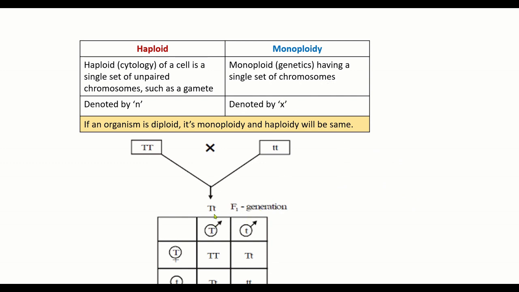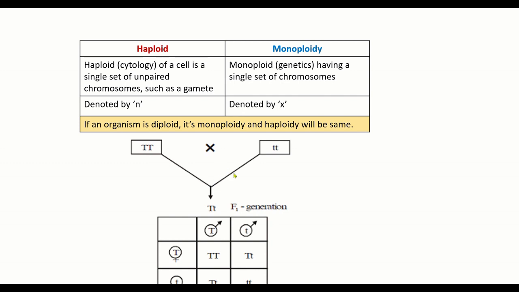Say for example, in tetraploid individuals, the tetraploid individuals will have 2n in each gamete, which will not be called monoploids, it will be called haploids.